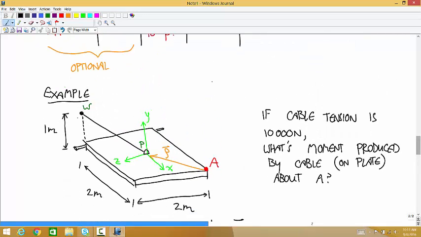What are the coordinates of that point w? So let's just think of taking three legs of a journey. So from the origin, we have to go in the negative x direction 1 to get there. And then we have to go in the positive y direction 1 to get there.